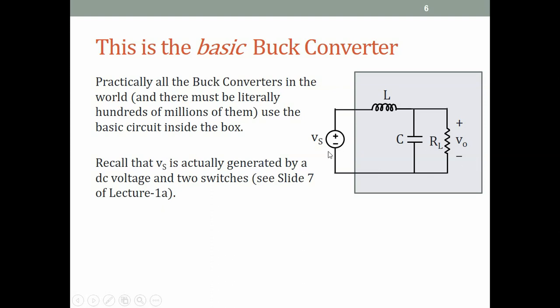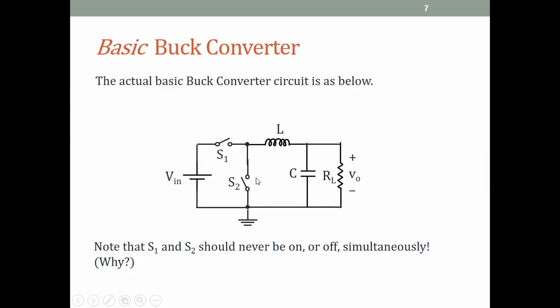So here Vs is of course a square wave, we want it a DC, so we put the switches back. So this is the basic buck converter. It has an input voltage which is a DC, it has an output voltage which is practically a DC. In between there are two switches, inductor, capacitor and some load resistance. Alright.